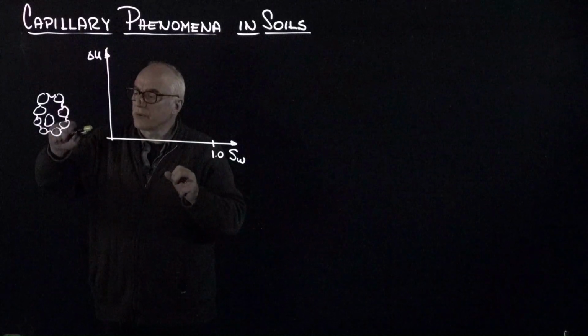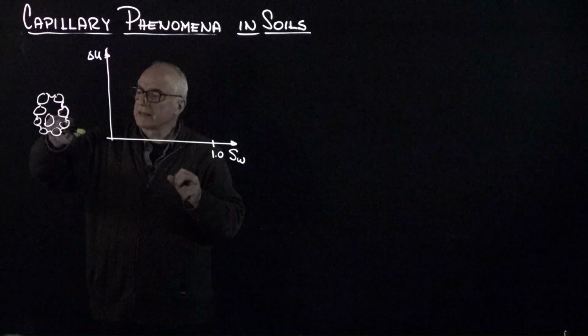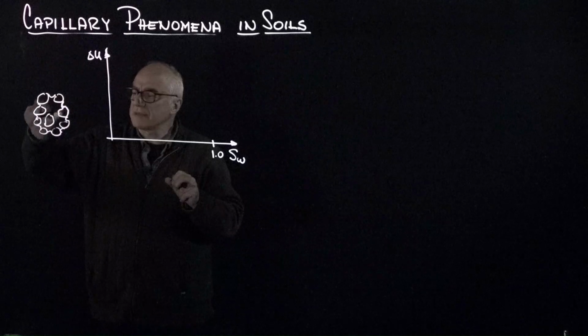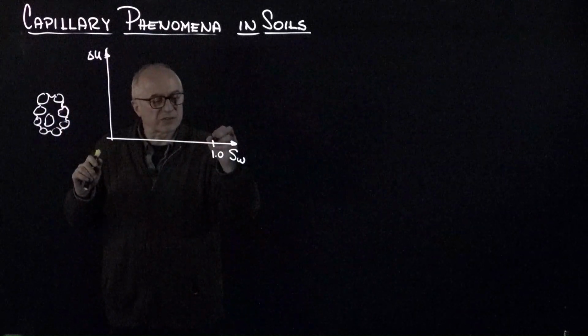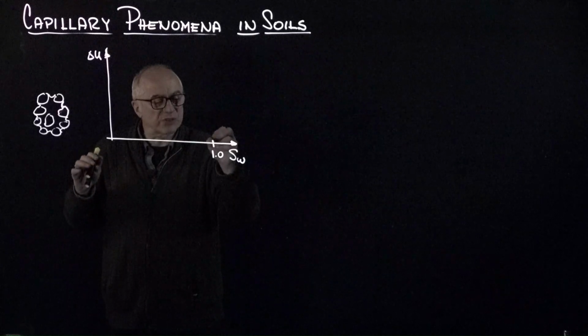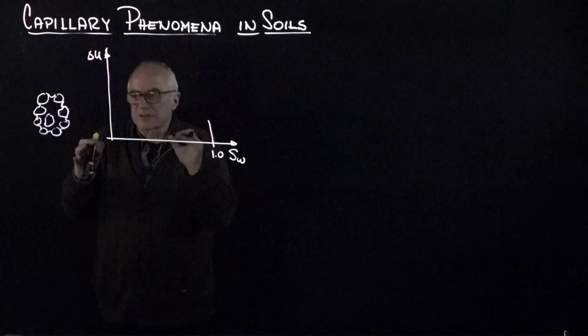But at this point, even if this was a cemented sand and it was very stiff, you begin to see that I'm already beginning to invade the volume, just with the menisci, and so the degree of saturation is beginning to decrease as the suction increases and the curvature increases.